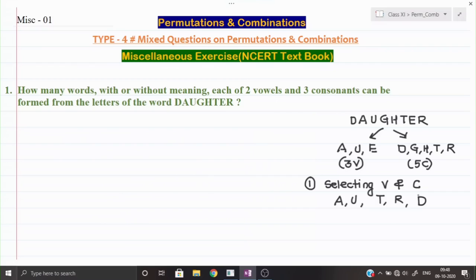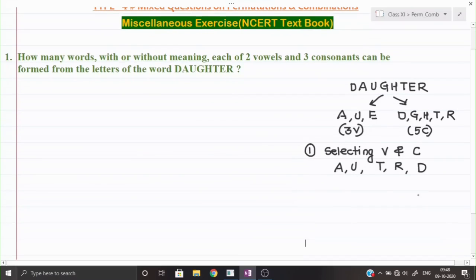In the second step, we shall form the word. So one thing is very clear: the first step is a case of combination, because we are selecting the letters, maybe vowel or maybe consonant.